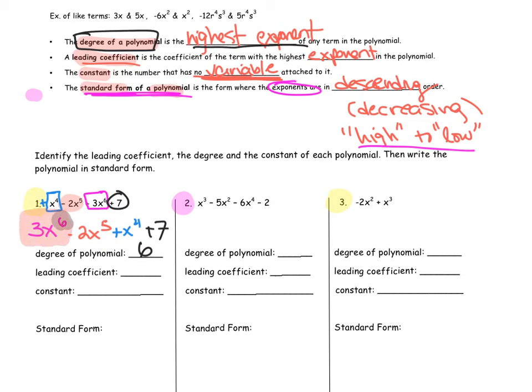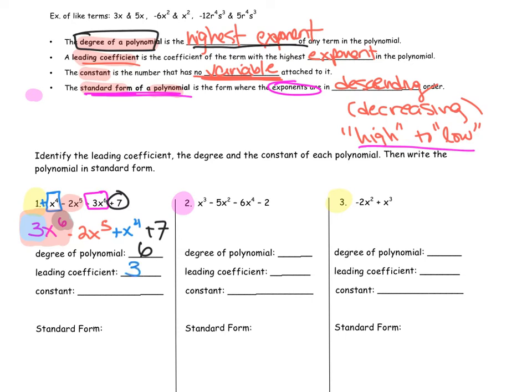So this term has the highest exponent, and its leading number is our leading coefficient. It's the number in front of the variable. So first identify the term that has the highest degree, which is 3x to the 6th, and then look at the number in front of the variable. So our leading coefficient here is 3.